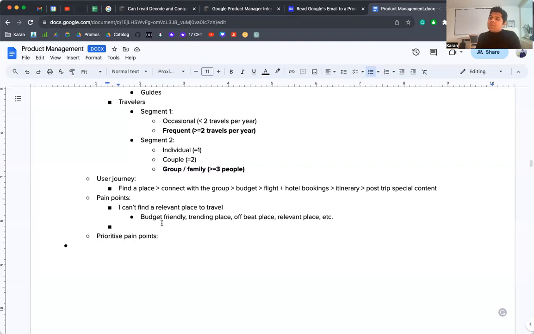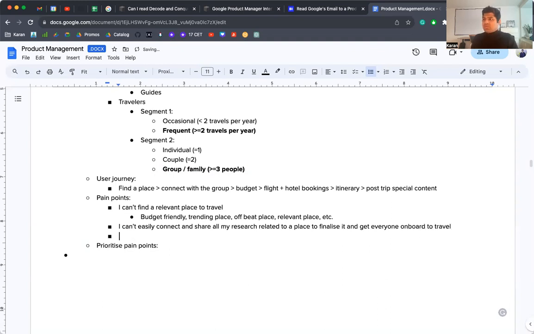Not the best solution. So what I can think of is a solution where I can connect and search all in one place. So I can't easily connect and share all my research related to a place, to finalize it and get everyone on board. So this is one.